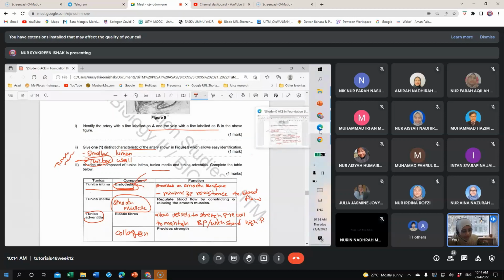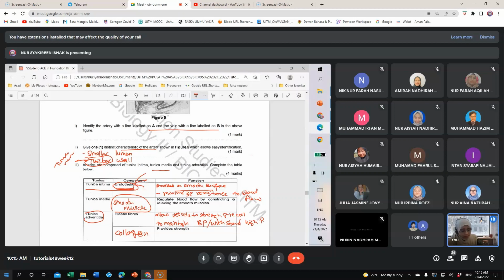Okay, so endothelium provides a smooth surface. Kenapa smooth surface? So that the blood can flow with minimum resistance. Okay, so the feature of the endothelium is that it provides a smooth surface for the blood to flow to minimize resistance.